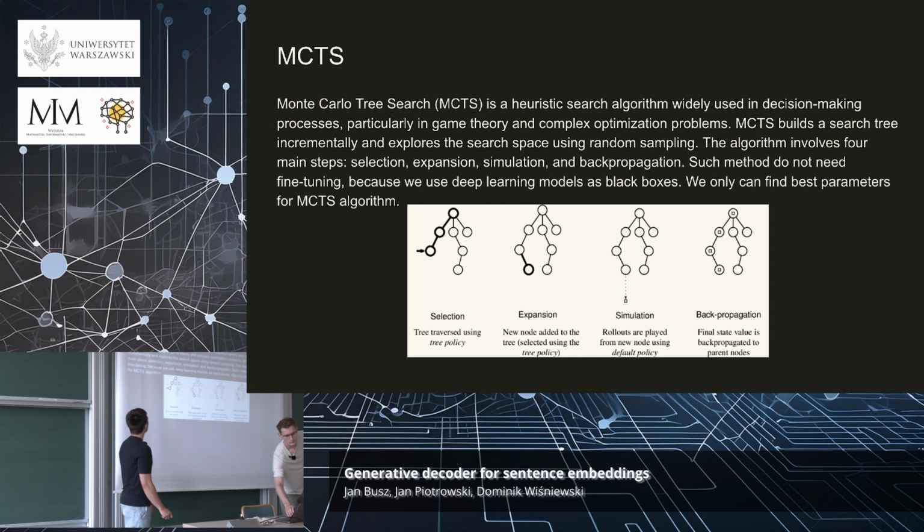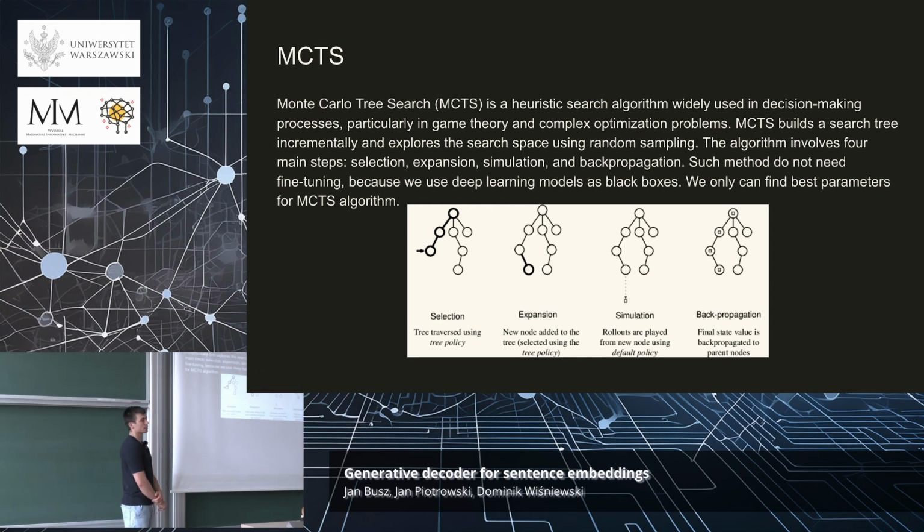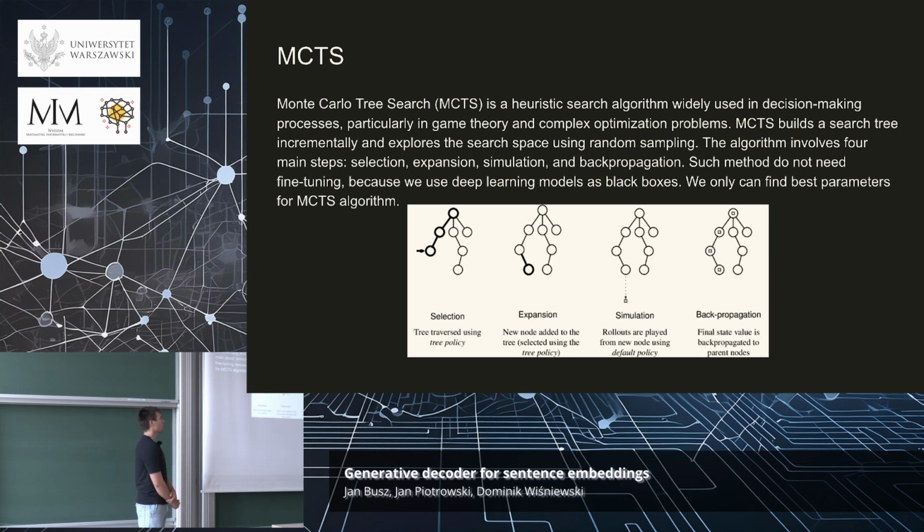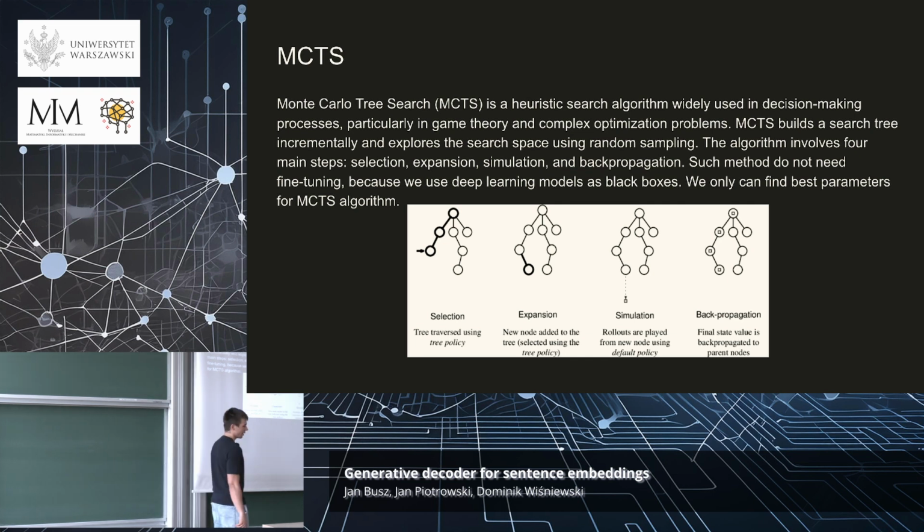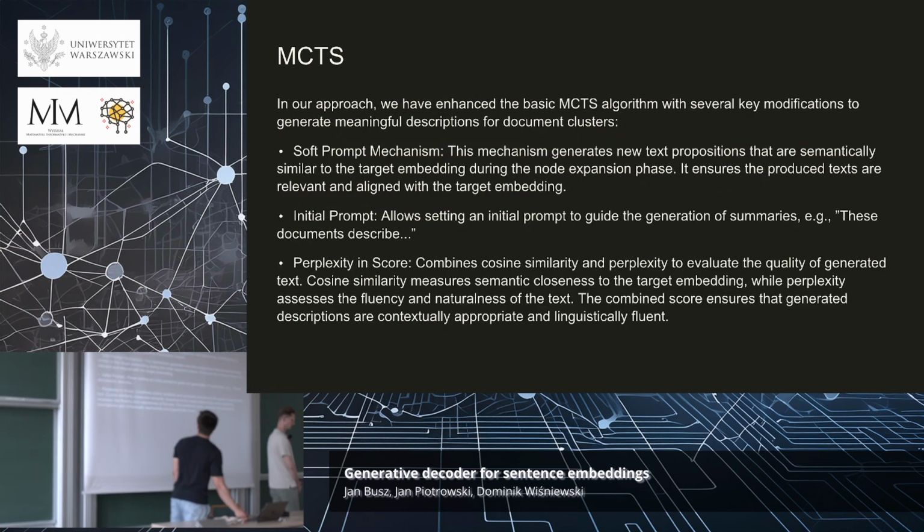The next solution is MCTS. It is very similar to beam search, meaning that it also represents its states as texts, and the expansion in MCTS is also done by GPT-2, so we are just appending next tokens. As a score for backpropagation, we initially used only cosine similarity, but there were some problems, obviously.